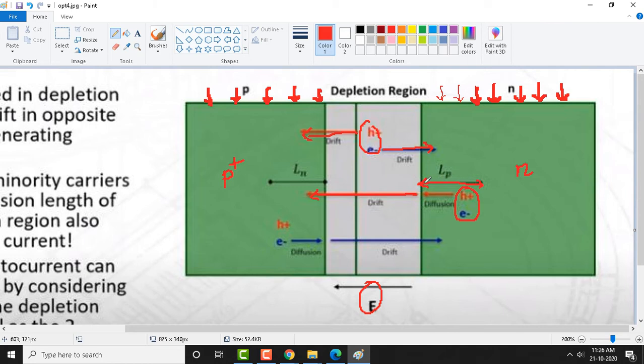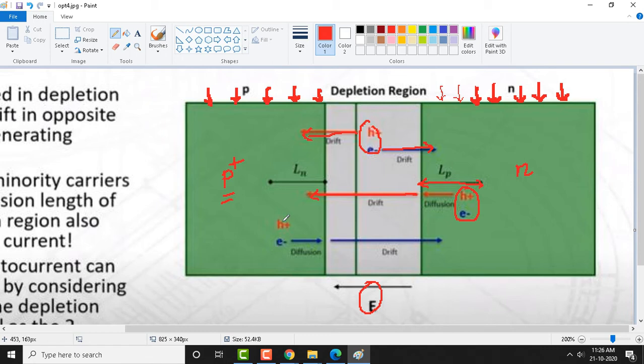So, within this diffusion length, if electron hole pairs are created, the holes get diffused because of the concentration gradient into the depletion region, and again the strong electric field pushes the holes into the P region. The same thing happens in the neutral P plus region.